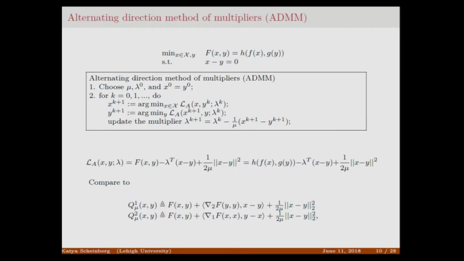So if I did not have this constraint here, if it was an unconstrained problem, and if instead of updating lambda here, I would update it after this step and this step. So I'm updating it only once, but I could. There's a symmetric version where you could update it once after minimization over x, once after minimization over y.